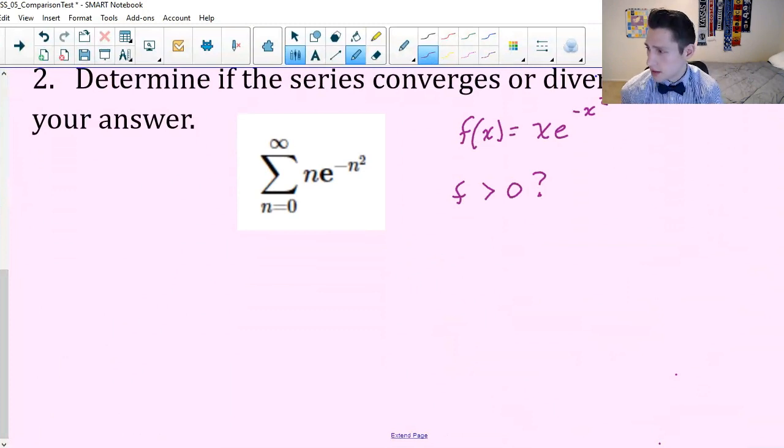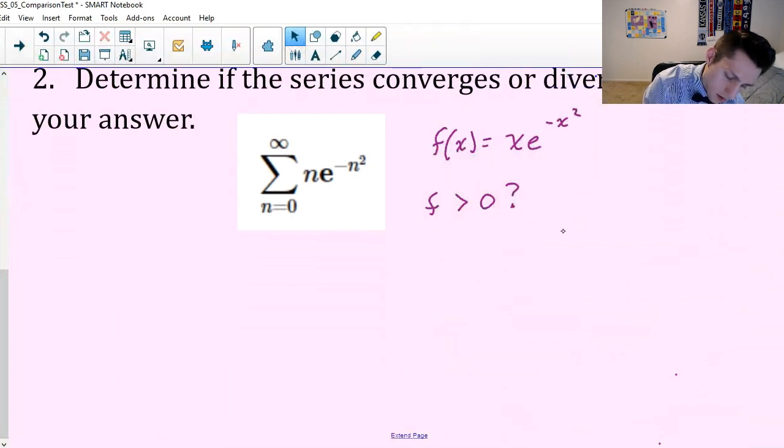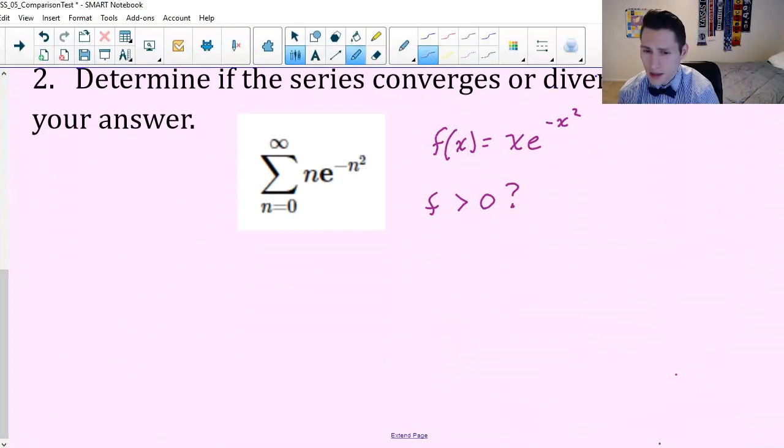Well, we're plugging in the natural numbers. Is f positive? If I'm just plugging in positive 1, positive 2, positive 3, then there's no way that that function will ever give me a negative value. So yes, definitely is positive.